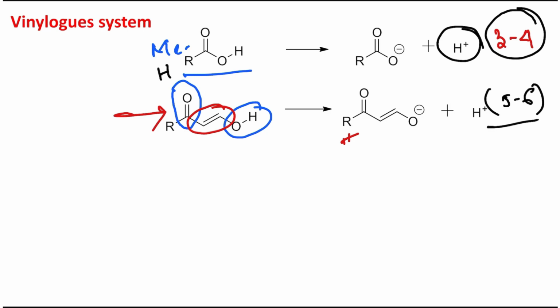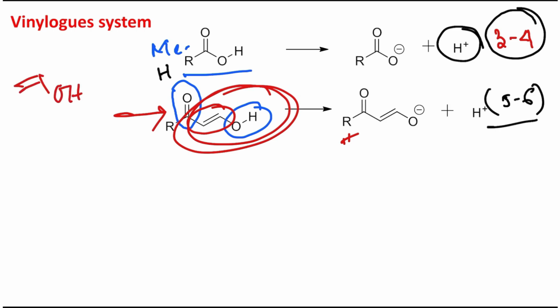But if you compare this with a traditional enol, just focus on this part. A traditional enol, means this one, has an acidity or pKa of about 12. And if you compare this with a very well-known system, phenol, its pKa is about 10.